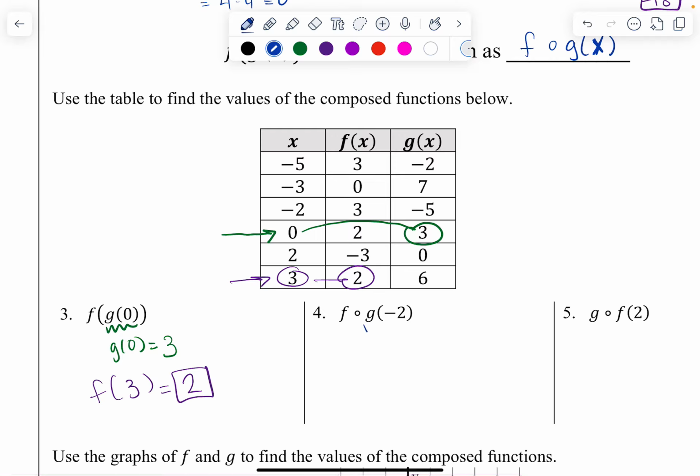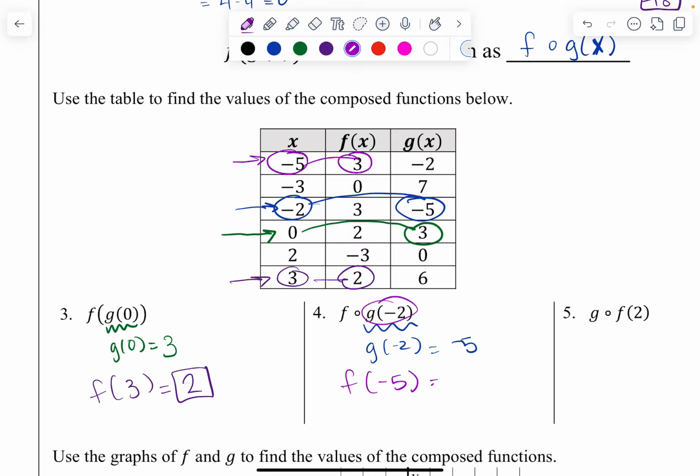Let's look at the next one. My input is g of negative 2. We go to negative 2 and plug it into the g function, which is negative 5. So f of g of negative 2 has input negative 5. Plug it into the f function, and we get 3.